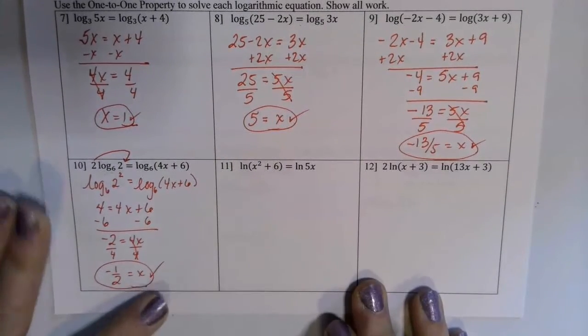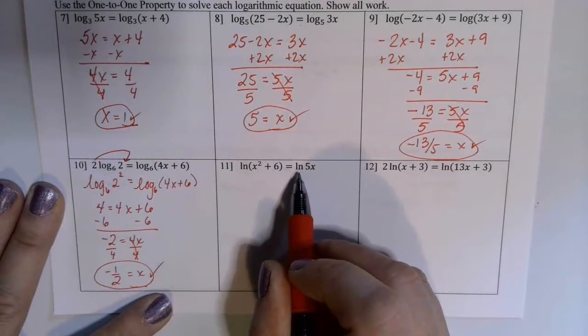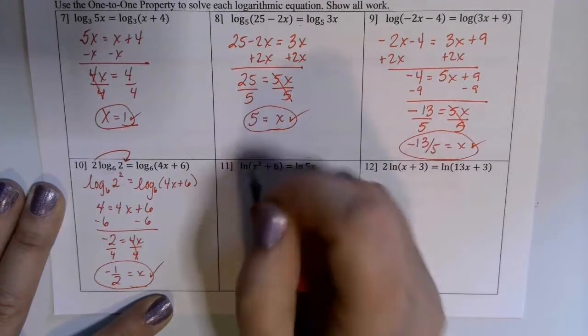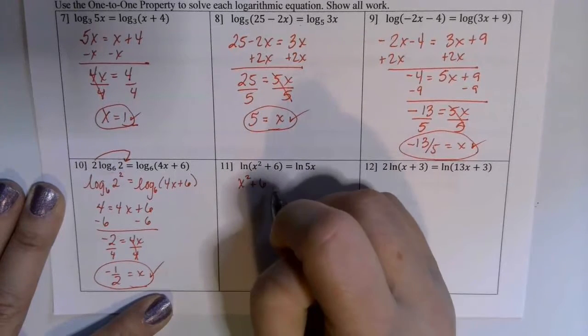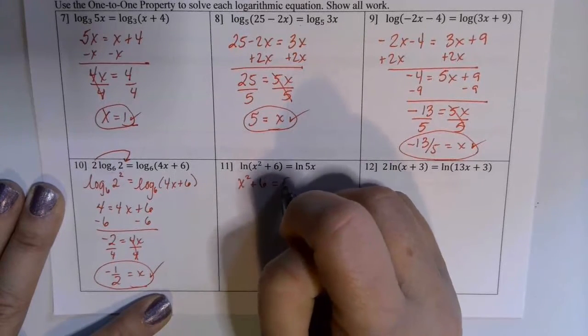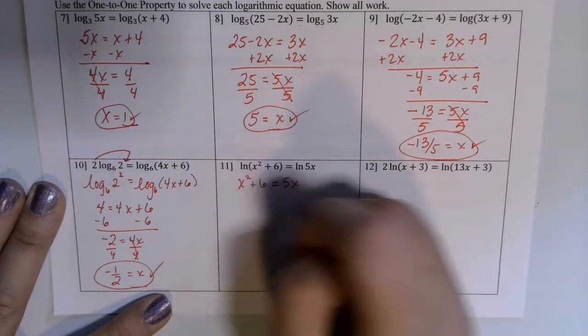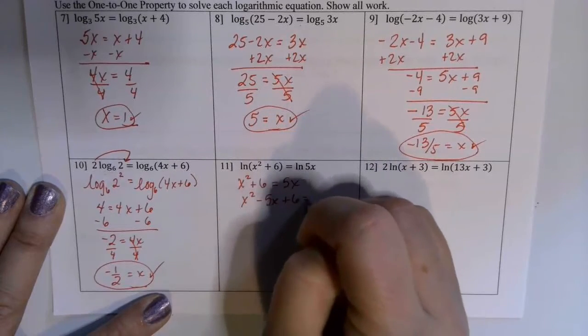In example 11, we've got a natural log equal to a natural log, so those are both base e, and we can set our arguments equal to each other using the one-to-one property. So x squared plus 6 is equal to 5x. That is quadratic, so we're going to set it equal to 0 and see if it factors.